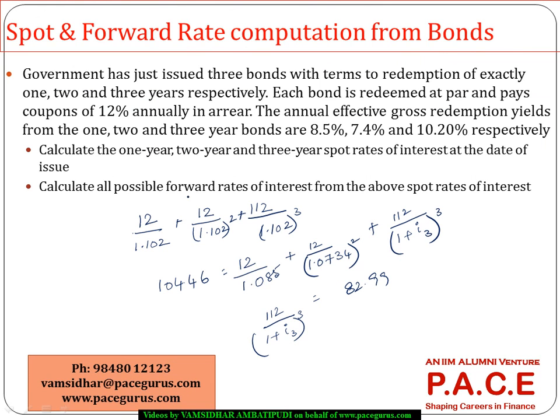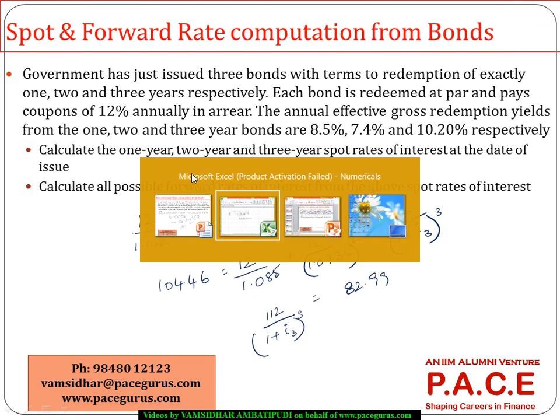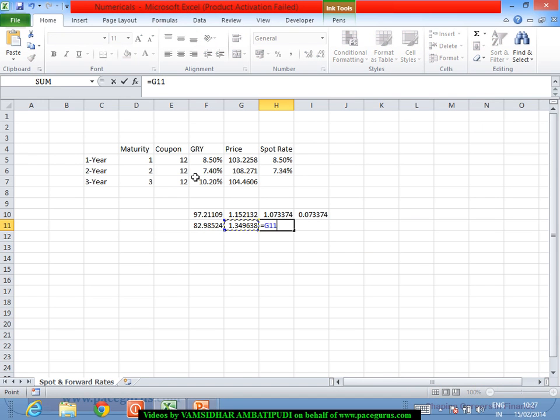So from here I can get 1 plus I3 cube is 112 divided by 82.99. The cube root of it will give me 1 plus I3. So from here I subtract 1 to get I3.